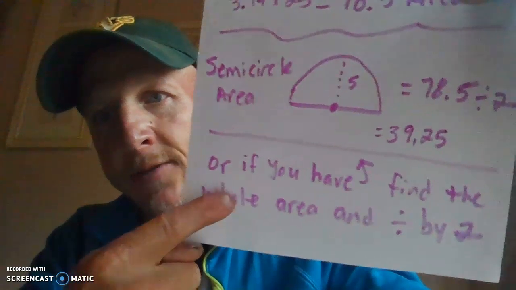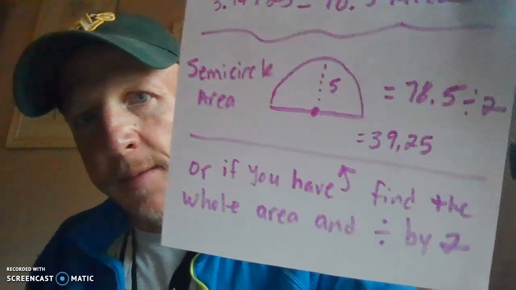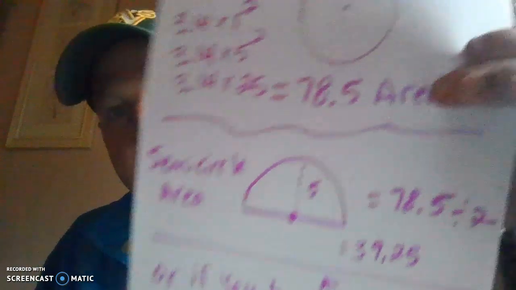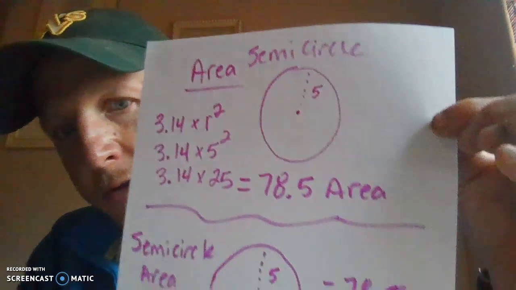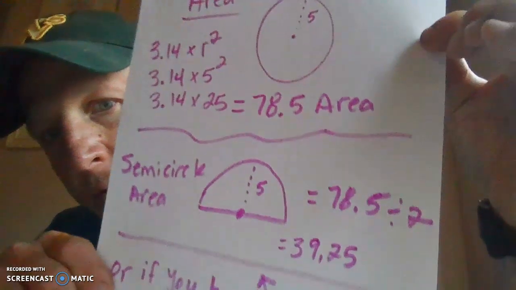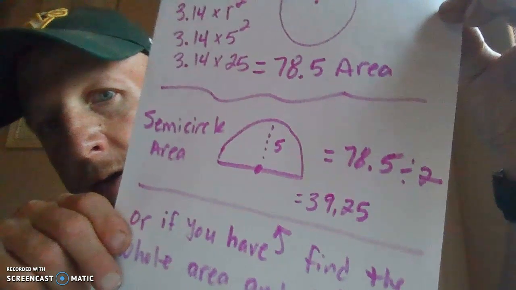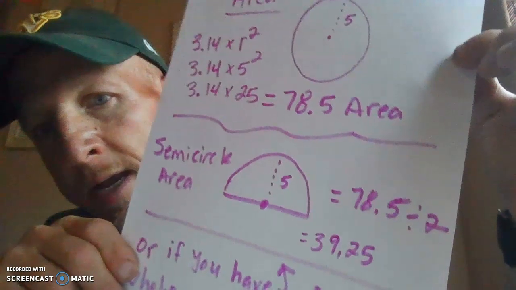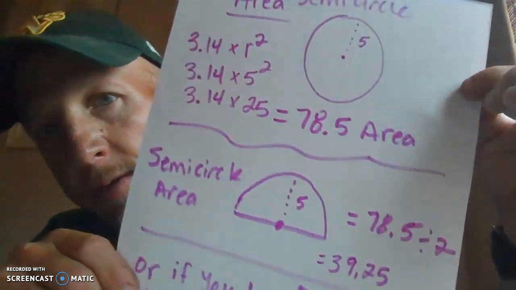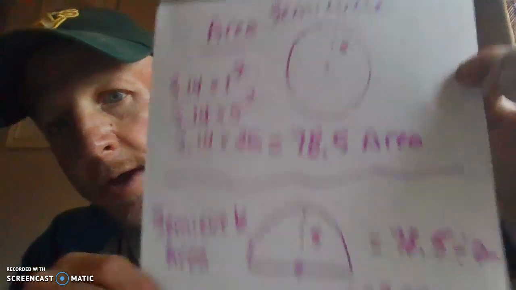And then divide that by 2 again to know that I have the area of the semicircle. So I'm going to go through the same process regardless of whether I'm given the whole circle and asked to find the semicircle, or given the semicircle and asked to find the area of the semicircle. I'm going to find the area of the whole thing and divide it by 2 in either circumstance. Okay, hopefully that's making sense to you.